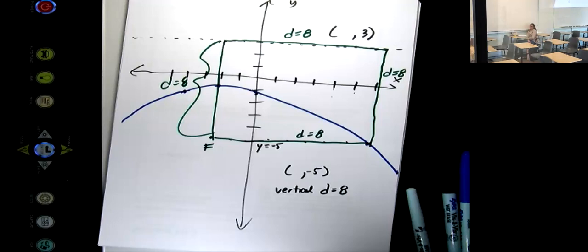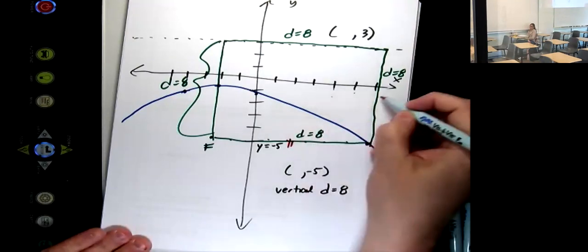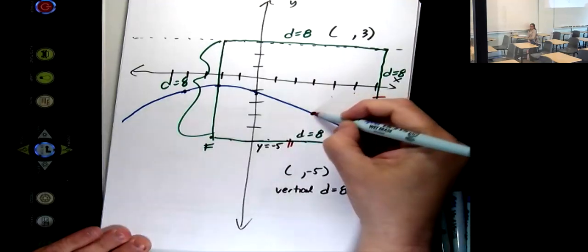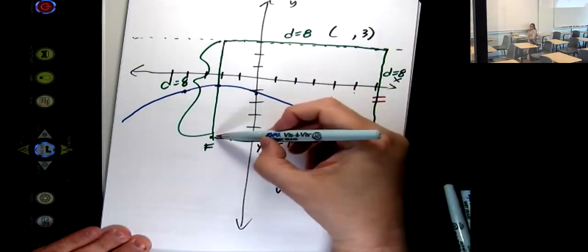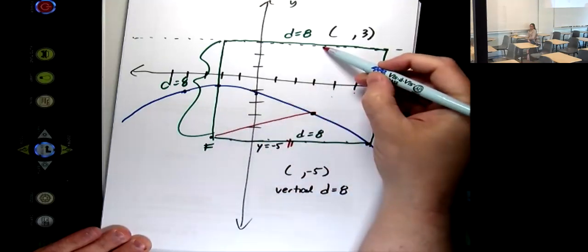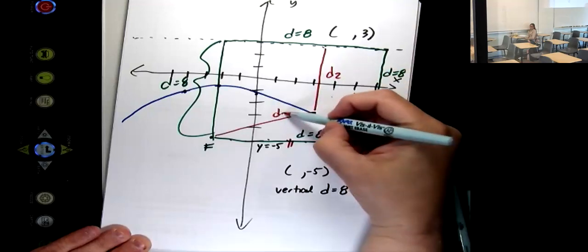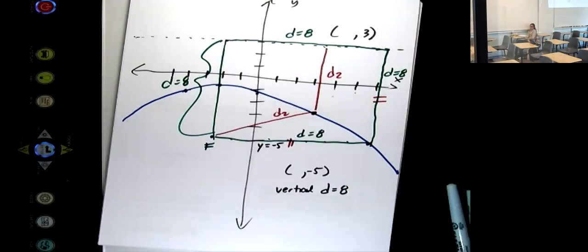That's the important part that matches. This line right here always matches that line right there. So if it were right here, it would be like that, and maybe that's D2. It's kind of neat. That's the first time I've seen someone use that fact to help sketch it, but it is a nice way to sketch it. It is a way to find other points. I like it.